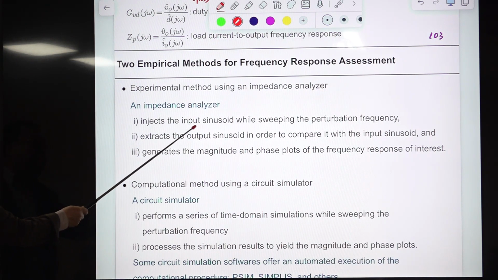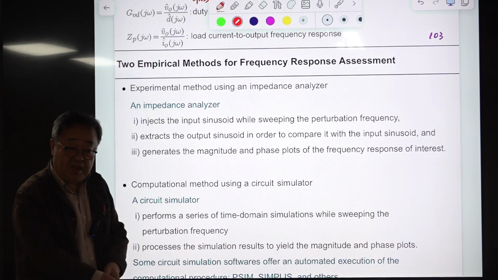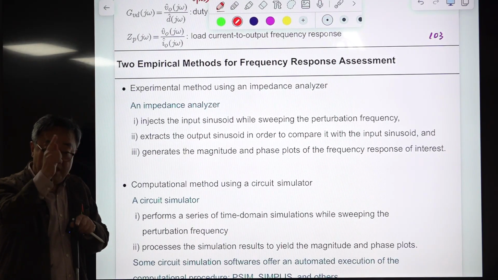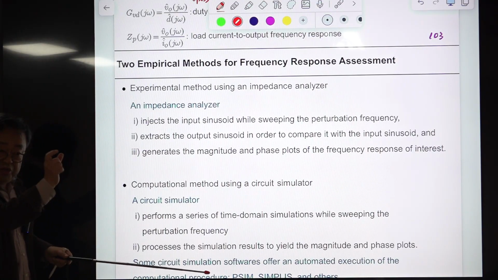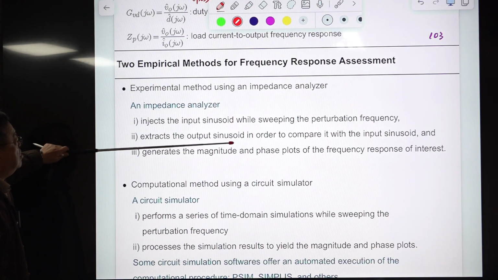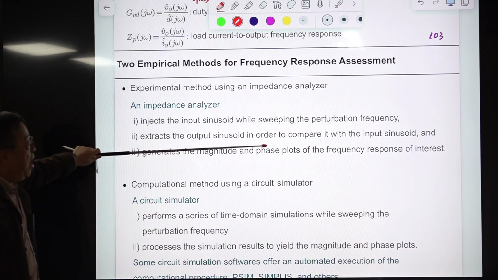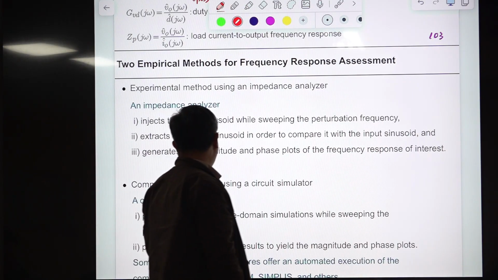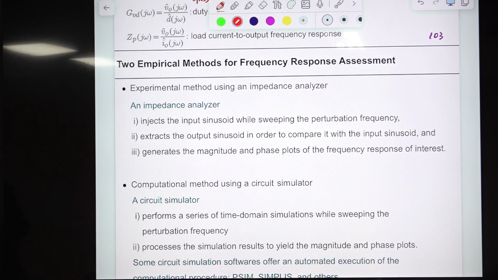It injects an input sinusoid and sweeps the perturbation frequency. At each point, not continuously, but with a very short distance between two measuring points, it extracts the output sinusoid and compares it with the input sinusoid, and generates magnitude and phase curves using the FFT and something else using the DSP chip.